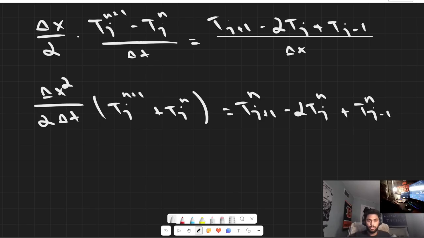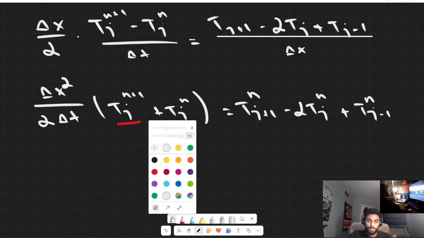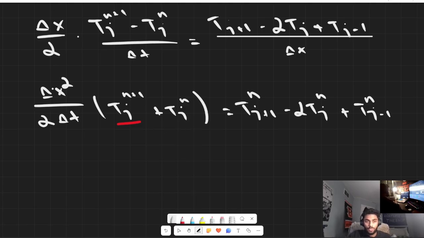Now the last thing to do is to isolate this term, because this is actually what we are interested in. We're trying to analyze this change of this little sliver as time progresses and as our temperature propagates through our bar. So let's isolate this term. First we can divide both sides by this.